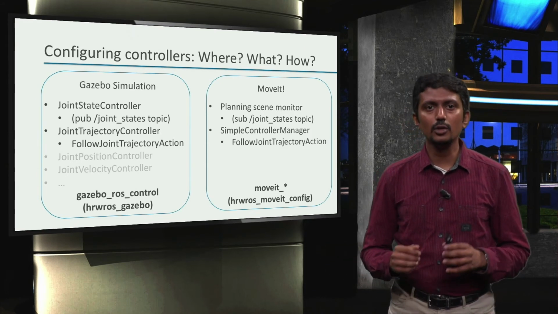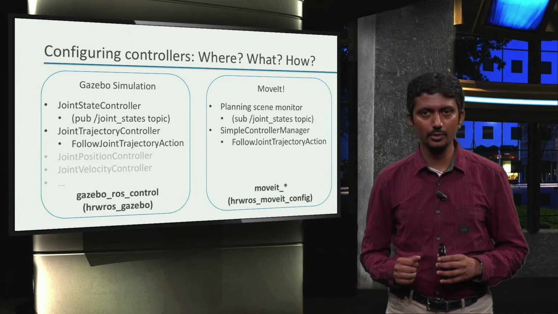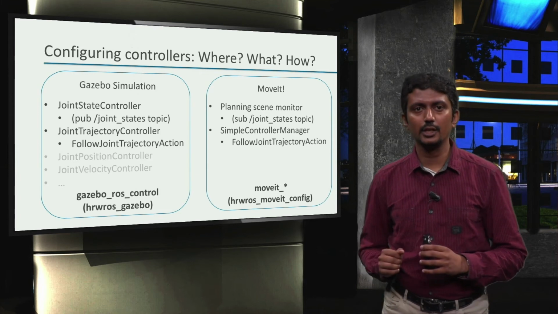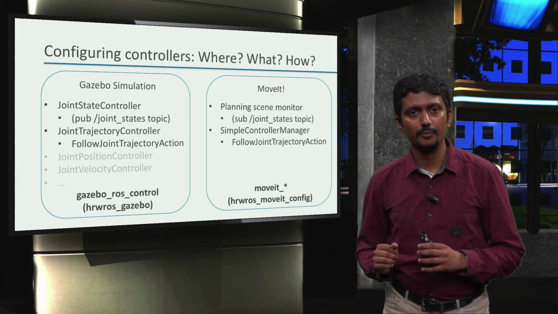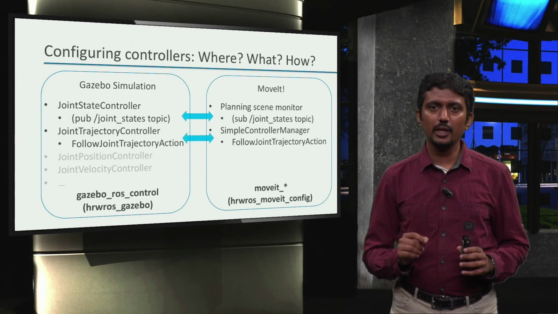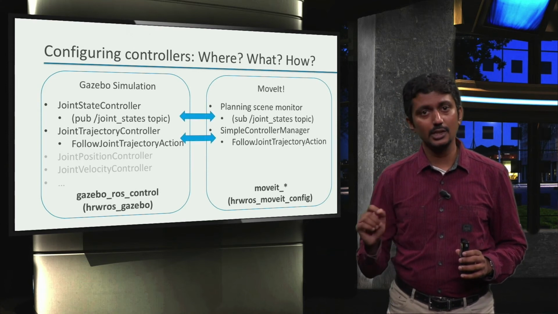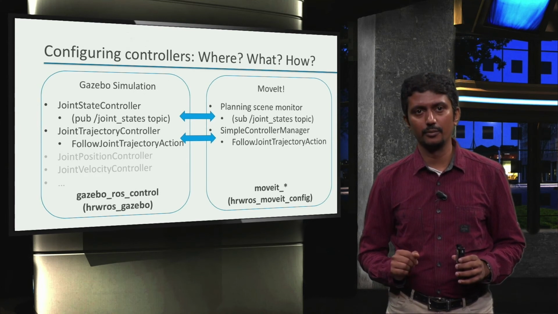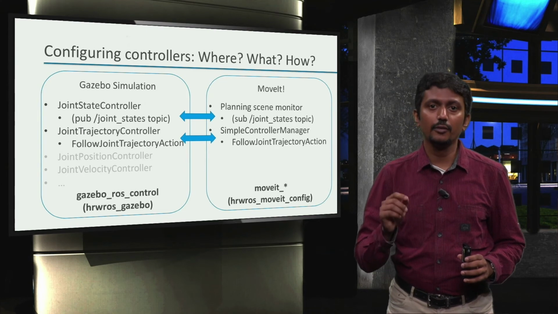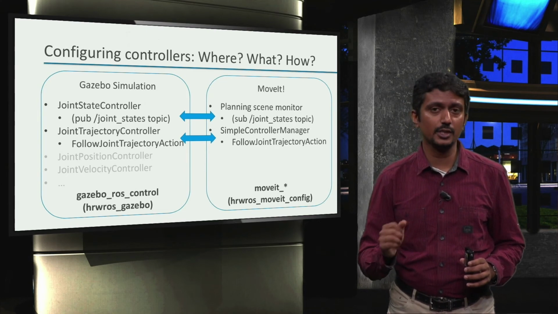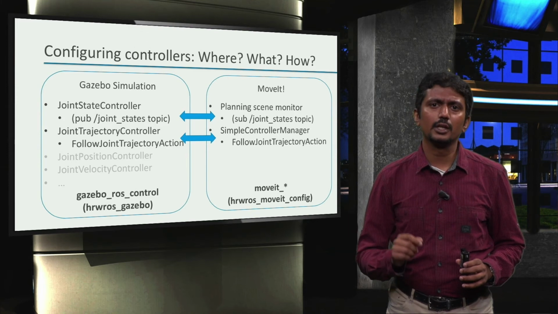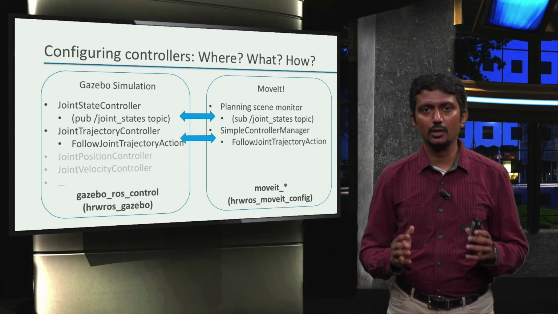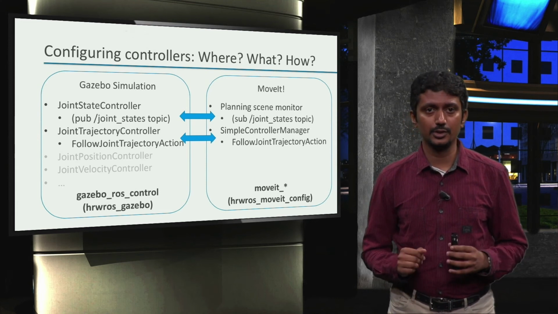And MoveIt also has a simple controller manager module that allows us to configure a FollowJointTrajectory action client for the FollowJointTrajectory controller. So the plumbing between MoveIt and our Gazebo simulation is clear now. The same also applies when we work with real robot hardware, though in that case we will have to use a robot driver instead of Gazebo. Now that we understand this conceptually, let's fill up our empty file following the standard YAML and launch file syntax to configure our controllers.